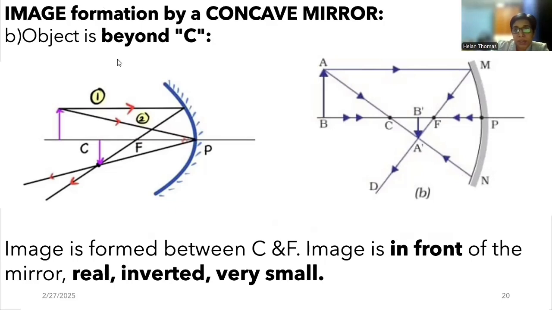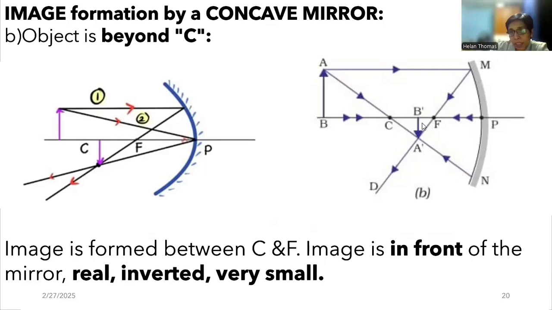The ray that passes through the center of curvature will trace back the same path. See the arrow.